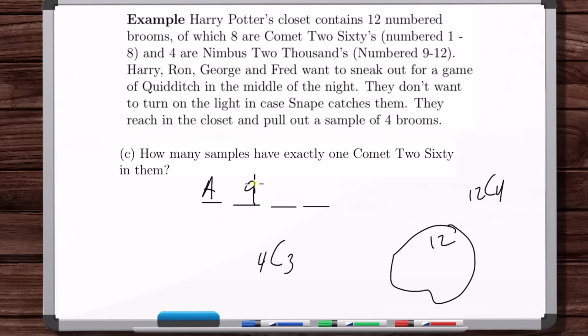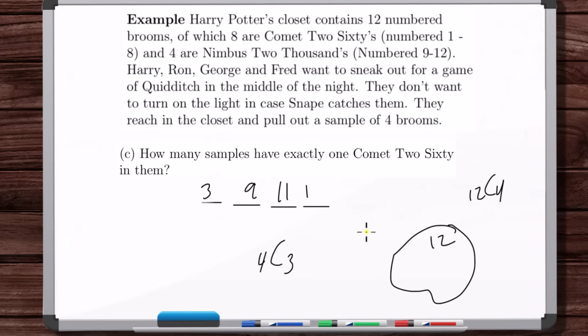This could be broom 3, this could be broom 9, 11, and 12. There's one outcome. But it doesn't matter if you switch 9 and 3 here. This could be broom 9, 11, and 10. There's another outcome.